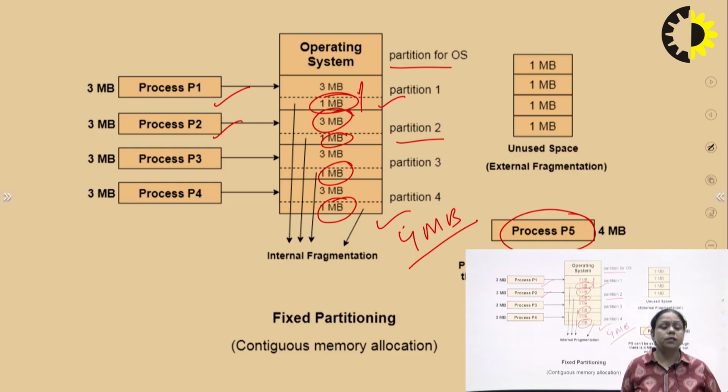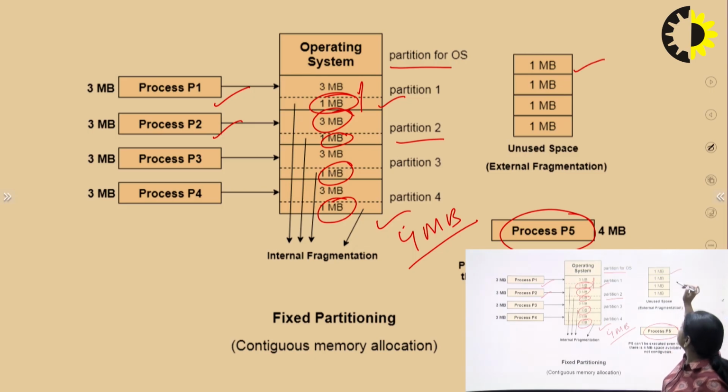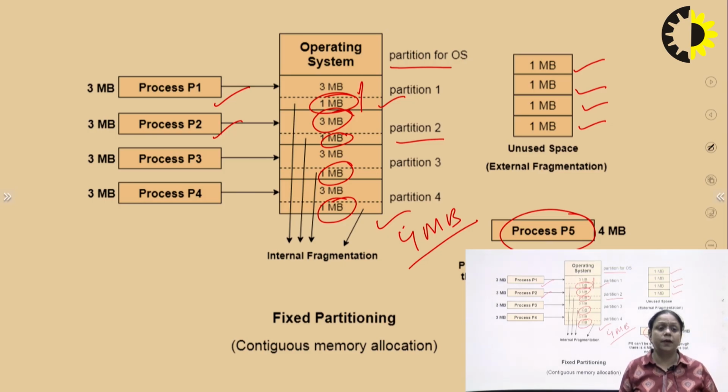Why? Because we don't have memory in a contiguous manner. You can see here, 1 MB in the first partition, 1 MB in the second, 1 MB in the third partition, and 1 MB in the fourth partition, but these are not contiguous, so we cannot allocate process P5 to the memory. This is the main disadvantage of fixed size partitioning, and this is known as external fragmentation.